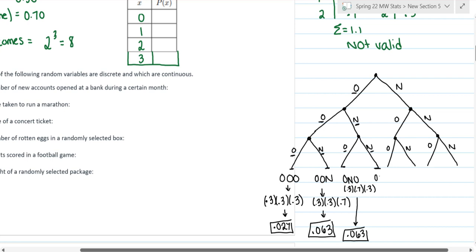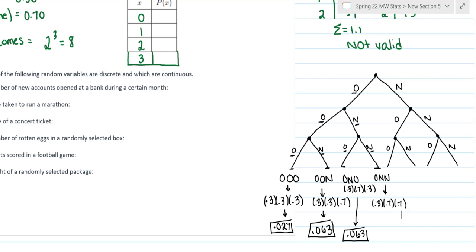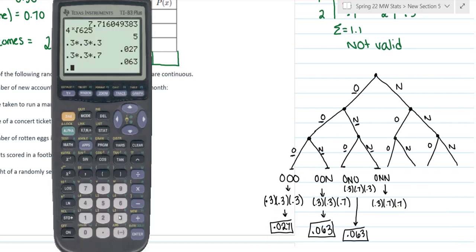So O-N-N. Okay, so that is going to be 0.3 for online, and then 0.7, 0.7. So that's 0.3 times 0.7 times 0.7, which is 0.147.